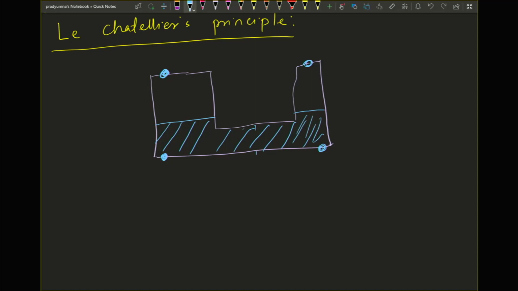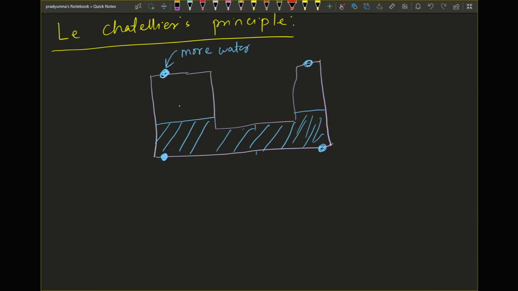So now think of it this way. What's going to happen if I add more water to the left side? Obviously water will flow to the other side and you will reach equilibrium again.